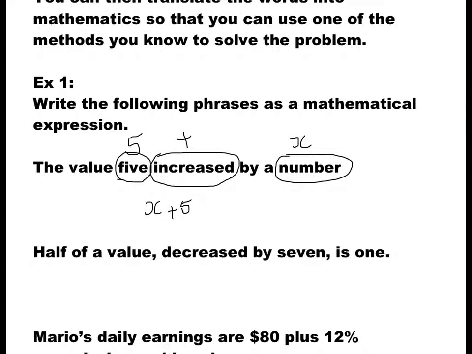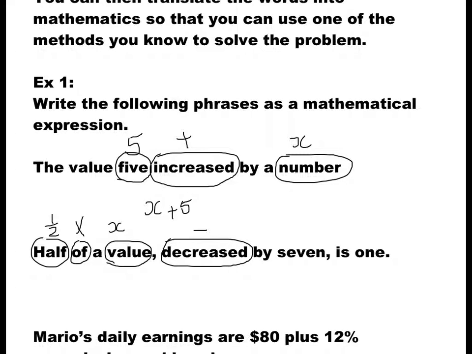The next one is half of a value decreased by 7 is equal to 1. Again, I'm going to go from left to right. Half is 1 over 2. Of in math means multiplied. A value means x, unknown. Decreased means subtracted.